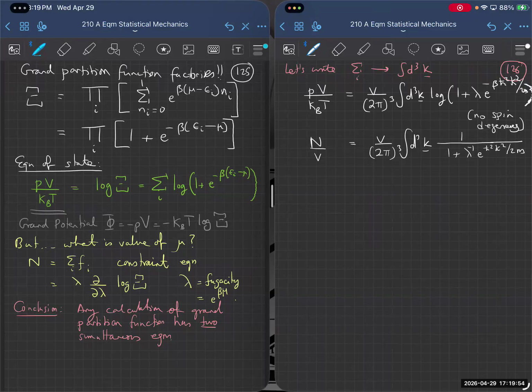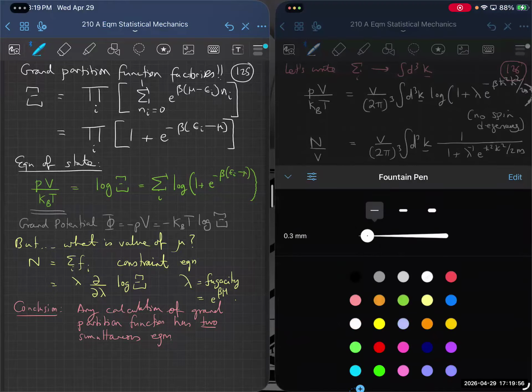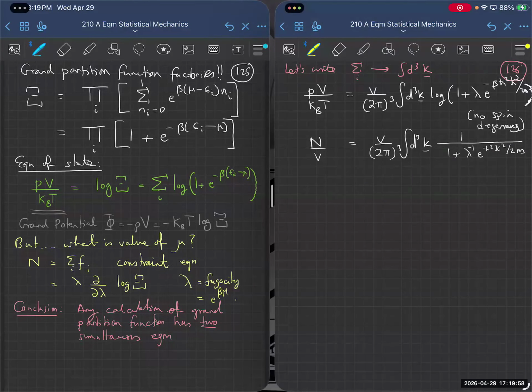So this equation determines lambda, and then that lambda comes in over here, and that's the full solution for how I determine the statistical mechanics of quantum particles.